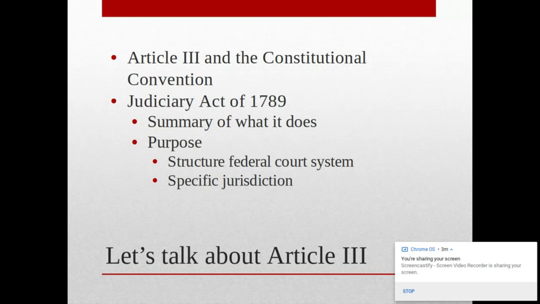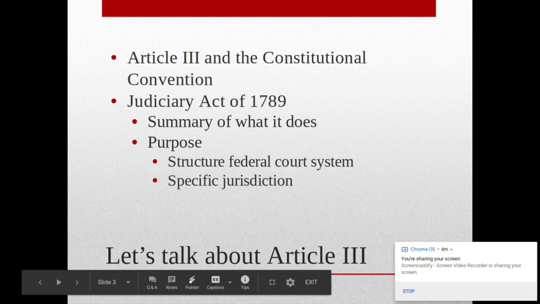So it creates structure. This act structures a federal system of courts by fleshing out these provisions of Article 3, by establishing the Supreme Court, circuit courts, which are sometimes called appellate courts, and district courts. And then it also establishes jurisdiction, which I'll talk about shortly.